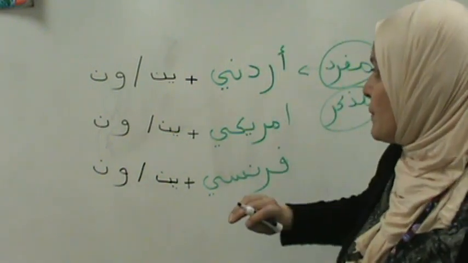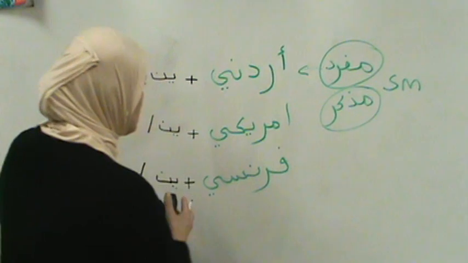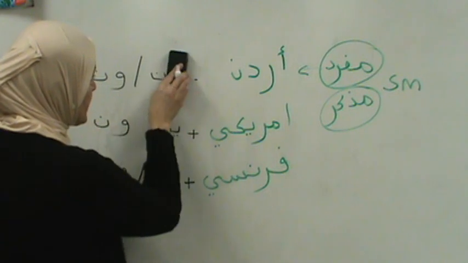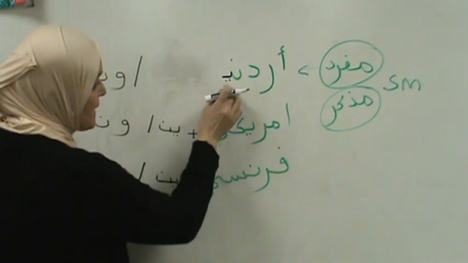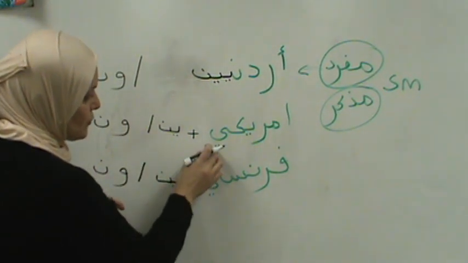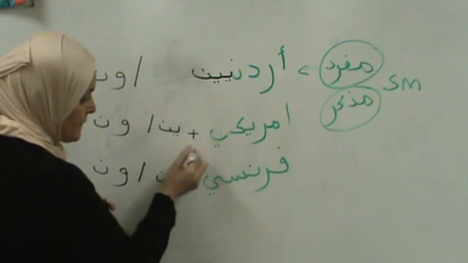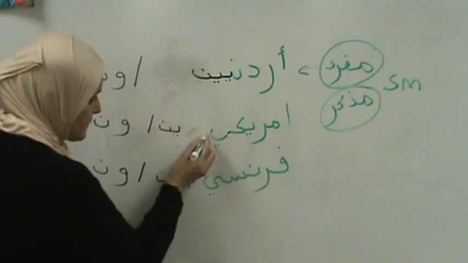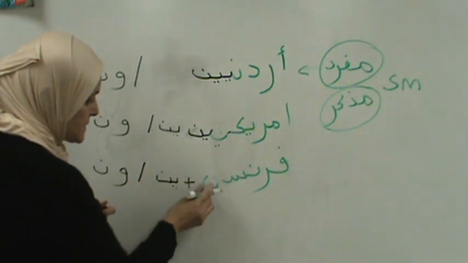So I'm going to change the form of the ya because we had the ya: أردنيين. And you do this for أمريكي, you add: أمريكيين. And here, فرنسي, فرنسيين.